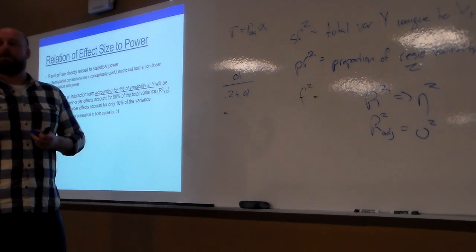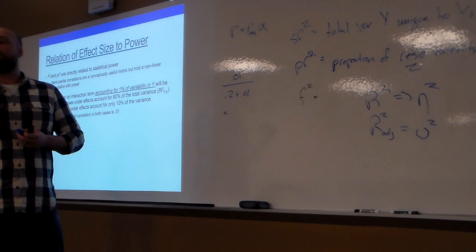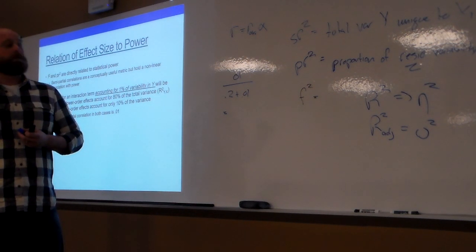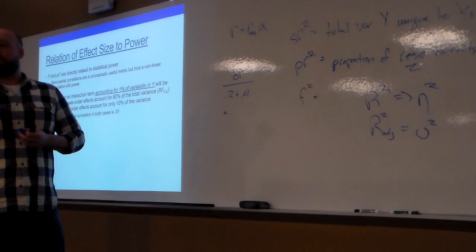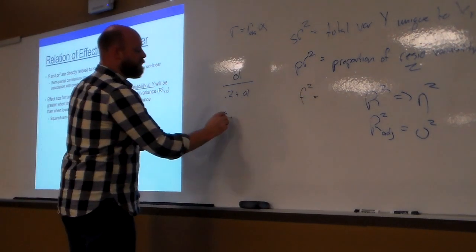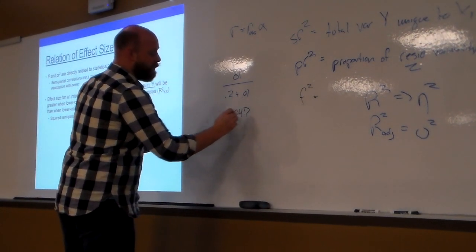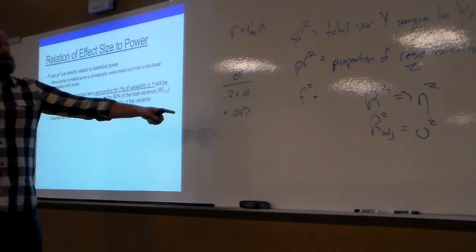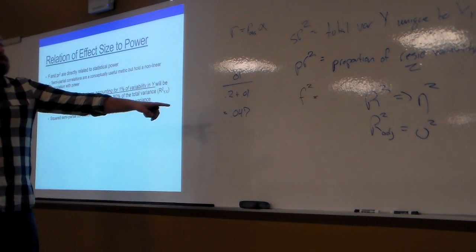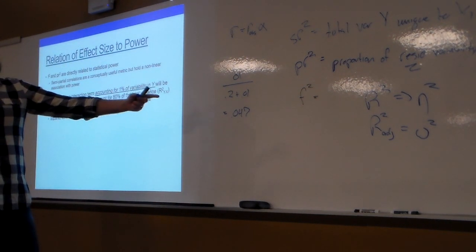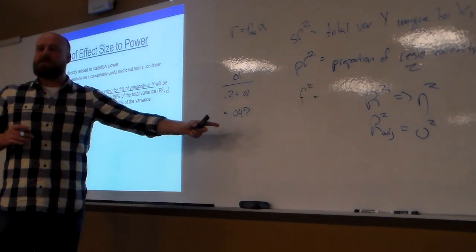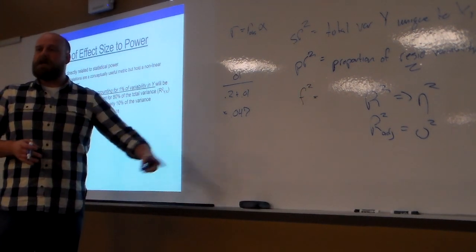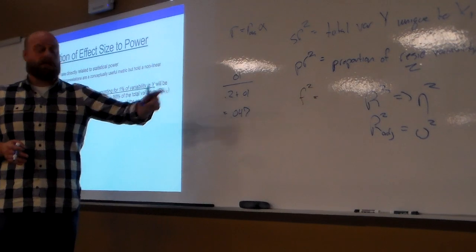What is it, Emilio? 0.047. Okay. So this is going to be my squared partial correlation. So I'd say about 4.7% of the residual variability is attributable to X, right?